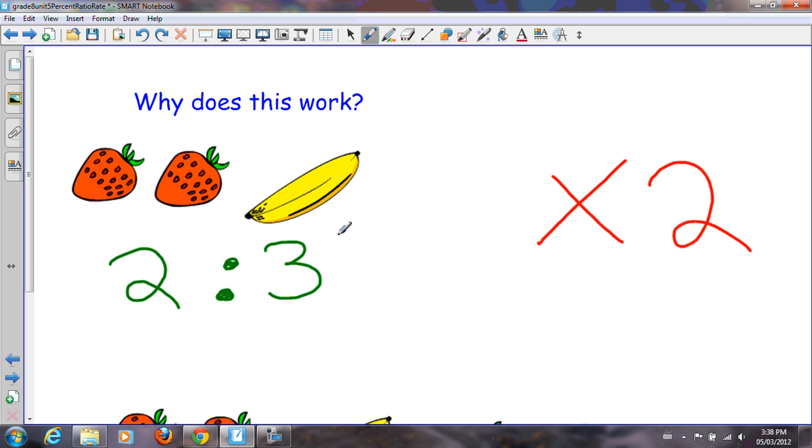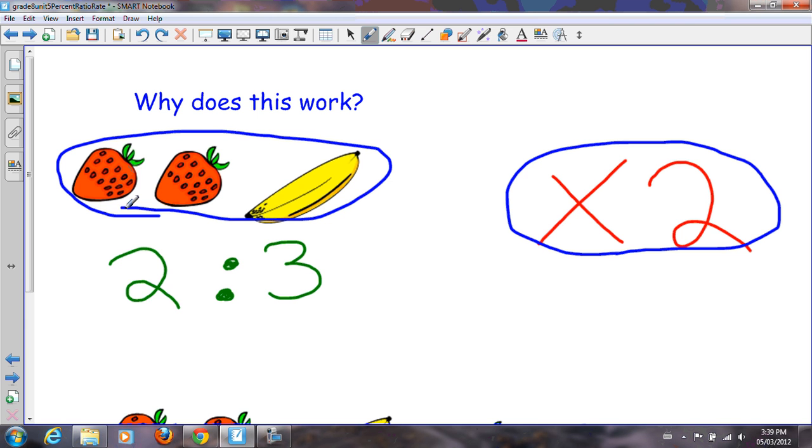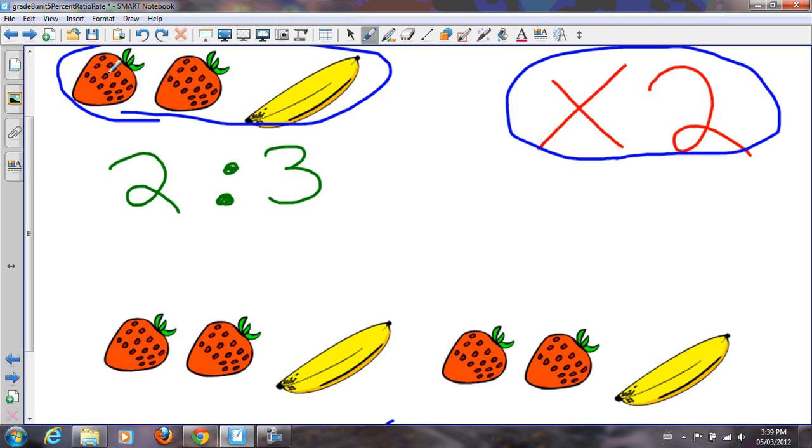Why does this work? Well, very simple. Remember when we times it by 2, we had to double the one side and we had to double the other side. So for this one, 2 out of every 3 are going to be strawberries. So if I double this, so I take the whole thing and I double it, I'm going to end up with this whole group twice.